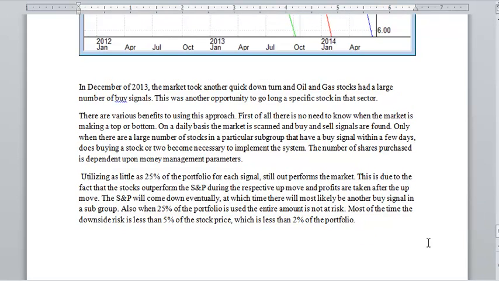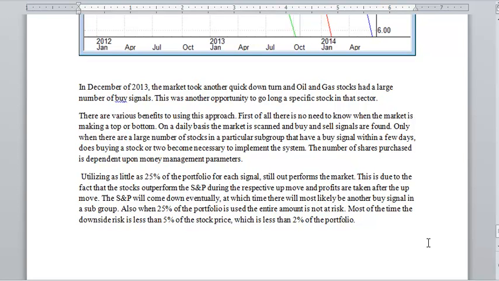So the theory is simply that utilizing as little as 25% of the portfolio for each signal, and then getting out when it hits the Babson reaction line, it would still outperform the market, because each time you get a signal at a low, you're only in 1 or 2 groups. So you're using maybe 25 or 50% at the most of the portfolio.